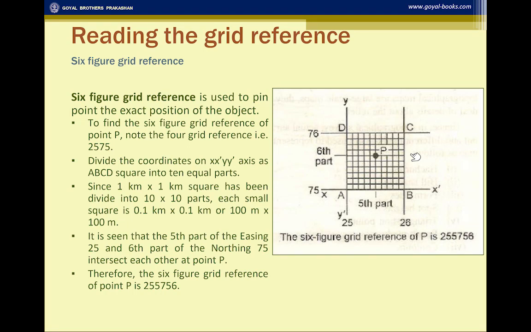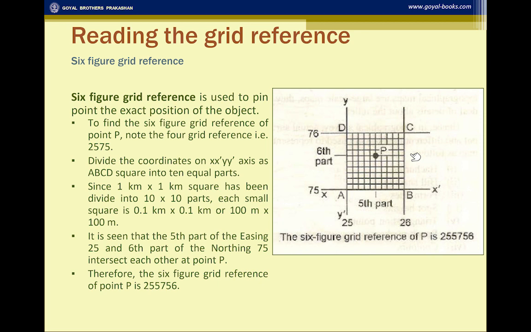Now, if we know that, and we have to find the 6-figure grid reference of point P, we can see that it is located on the 5th part of the easting and the 6th part of the northing. See, this is 5, this is 1, 2, 3, 4, 5, and this is the 6th part of the northing.